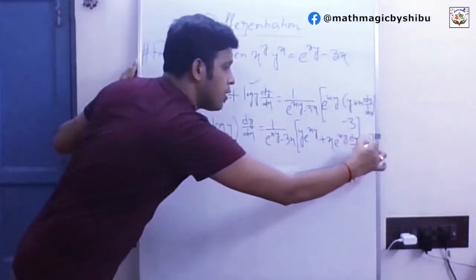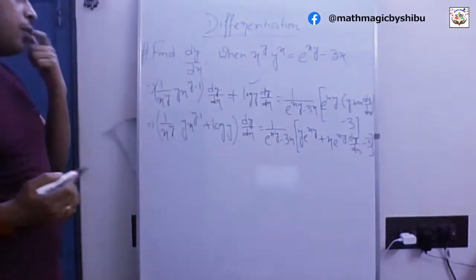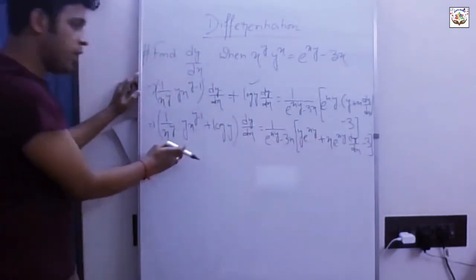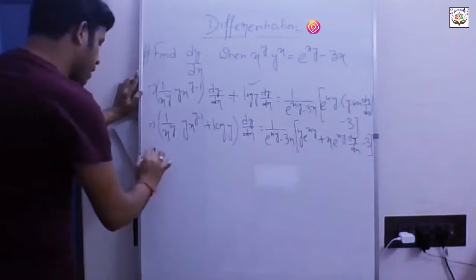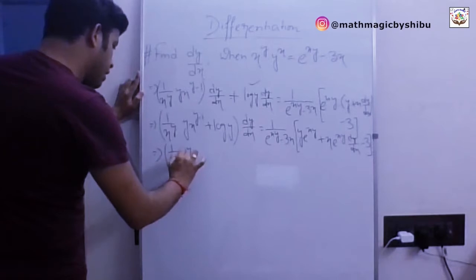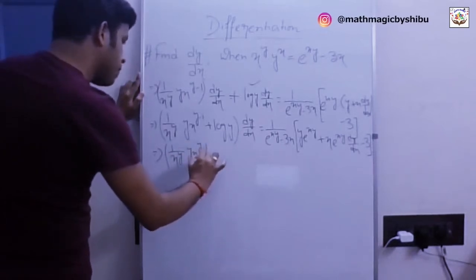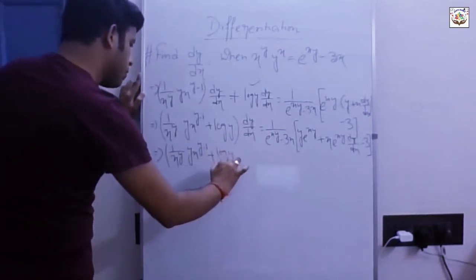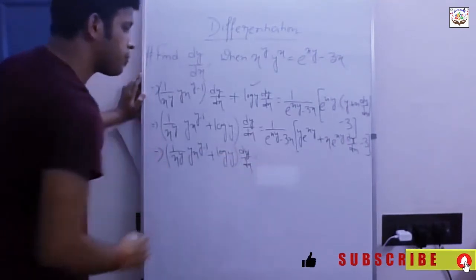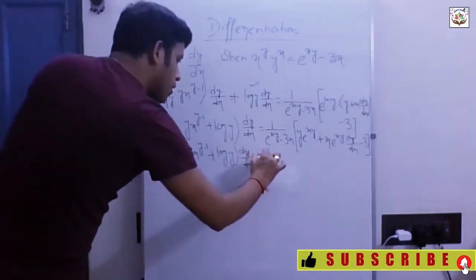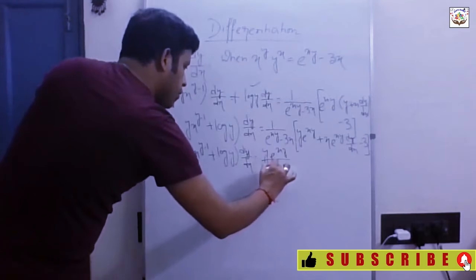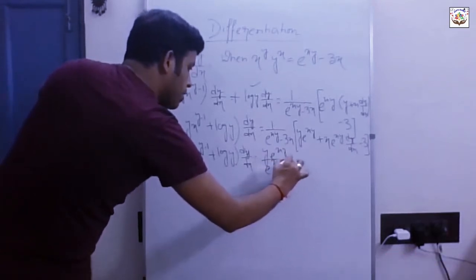Okay, now we need to take out this dy dx part and take this part into the left hand side. As of now, let's keep the left hand side as it is for this step. So we can write y e to the power xy divided by e to the power xy minus 3x.